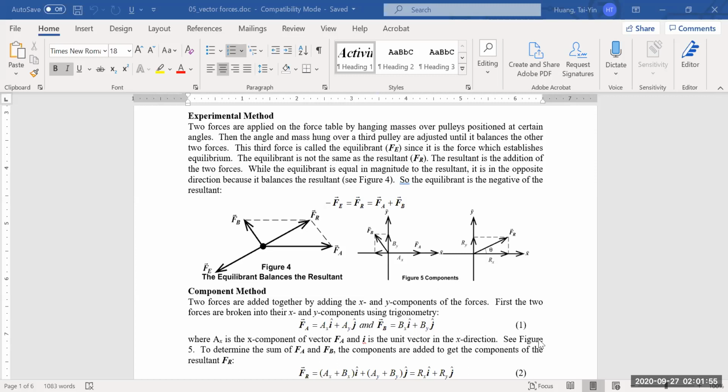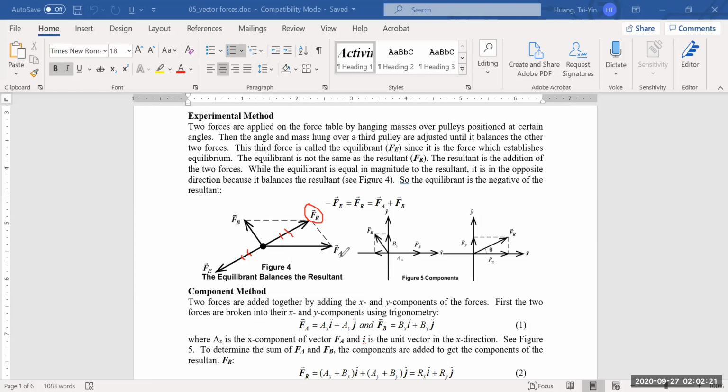So this is the one that is the sum of A and B. The third force, which we call FE, should have a magnitude equal to the magnitude of FR, pointing in the opposite direction. In other words, these two forces will balance each other.